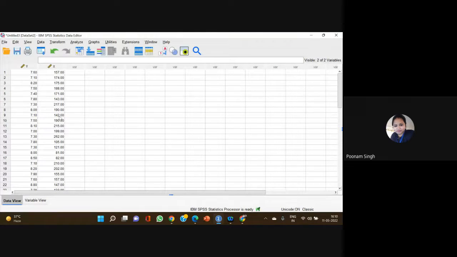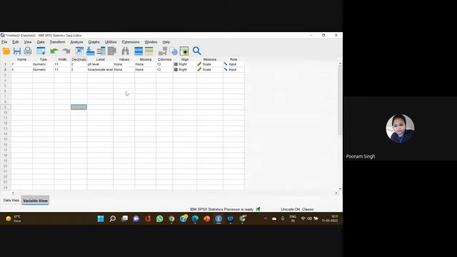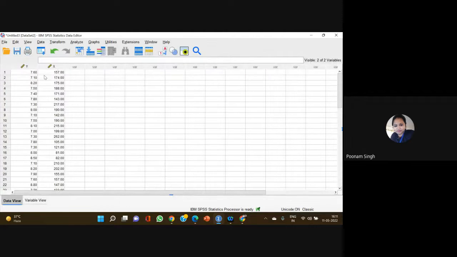Okay, so we are interested in the relationship between the two variables. For that, in the variable view, we have changed the variable name Y to pH level and X to bicarbonate level. And the order of data here does not matter as long as both the pairs are together.